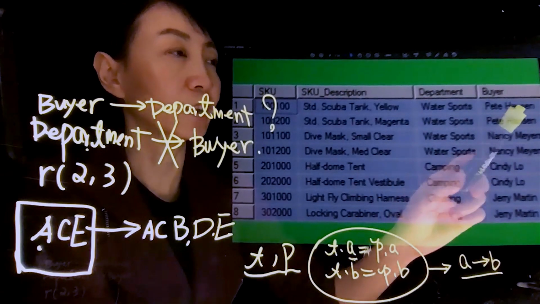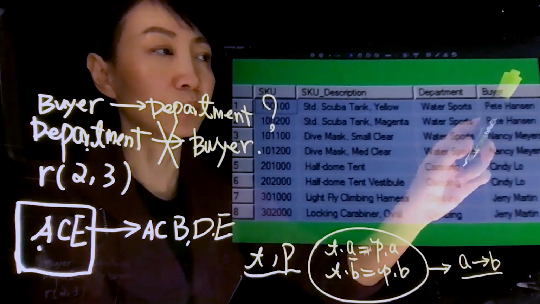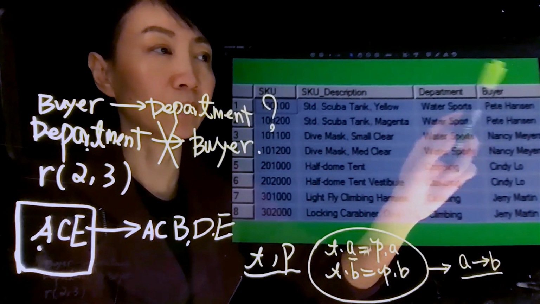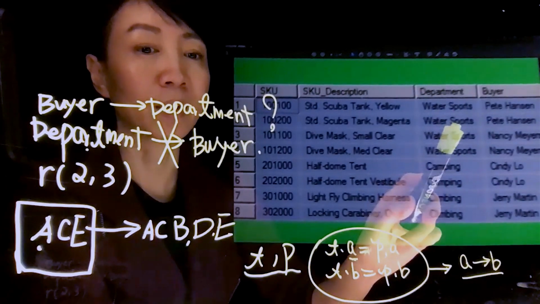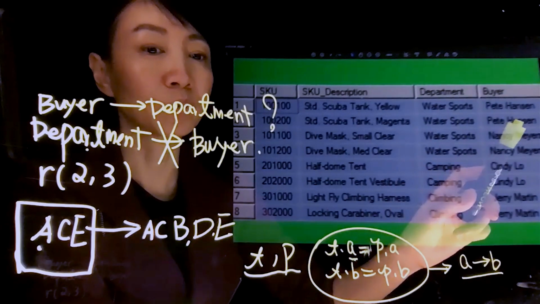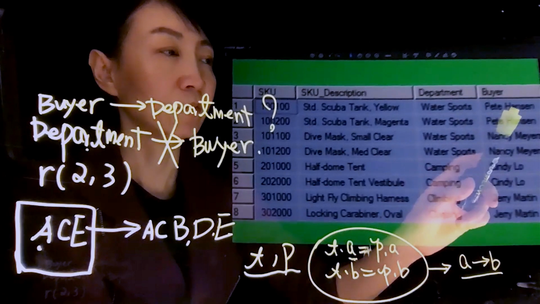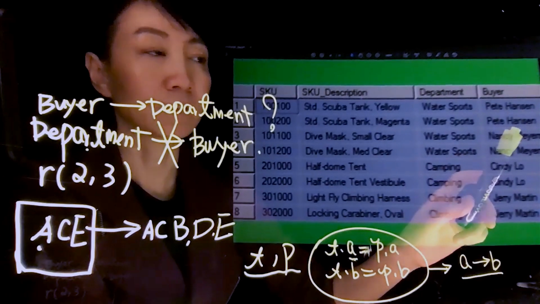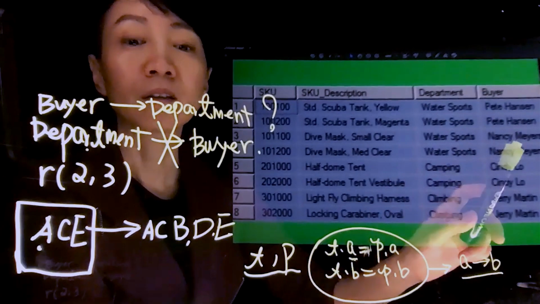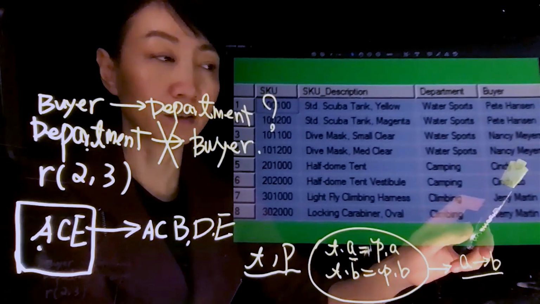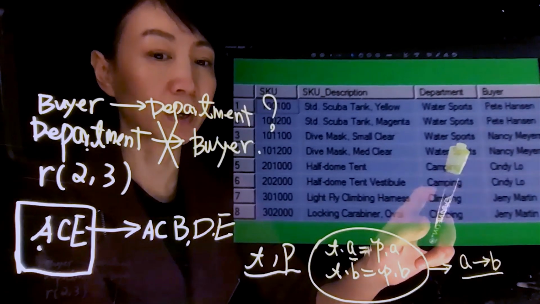Okay, let's check. Row 1, row 2, they do have the same bio. They also have the same department. Then row 3, row 4: same bio, same department. Then 5, 6. Yes. Then 7, 8: same bio, same department.